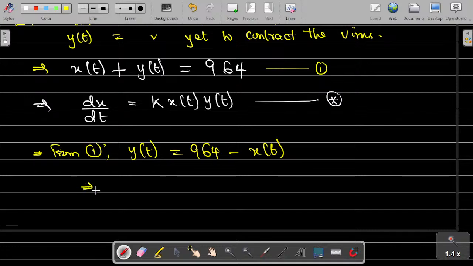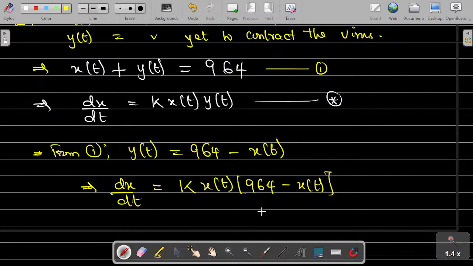So what that will imply is that our dx/dt will be equal to k x of t, multiplied by y of t, which is 964 minus x of t. Of course, if you open up these brackets, you will get something in the square of x of t, but let's leave it like this.